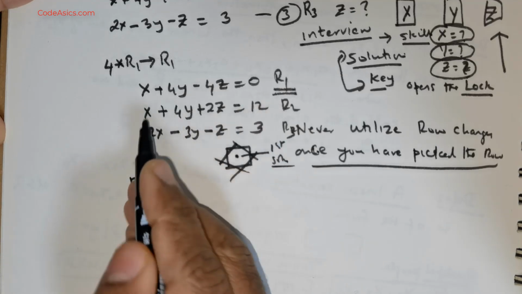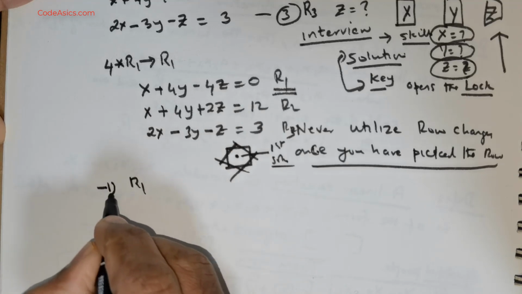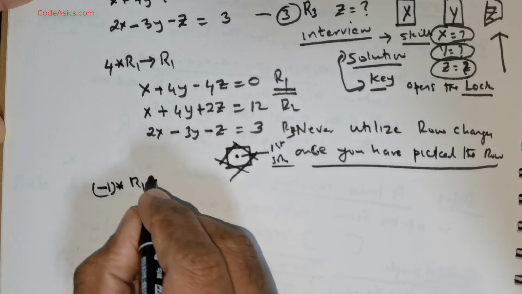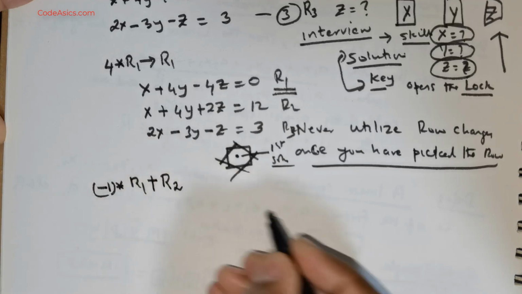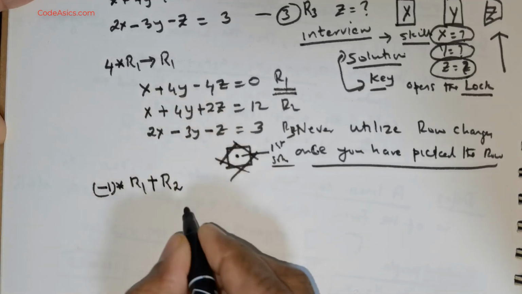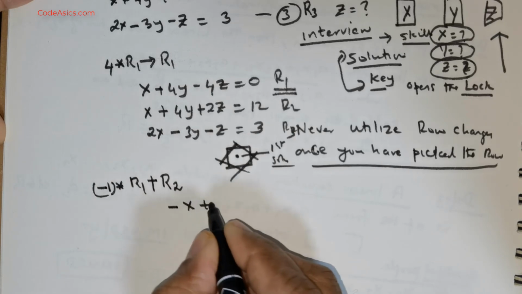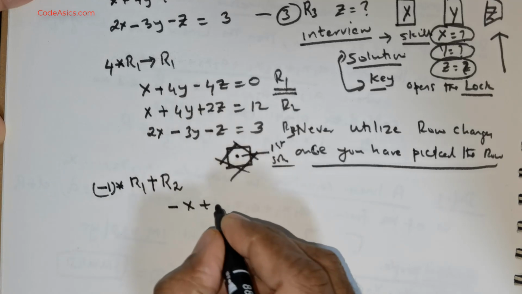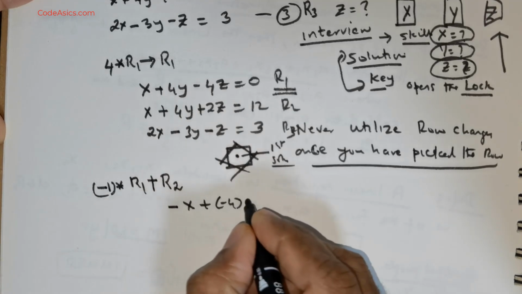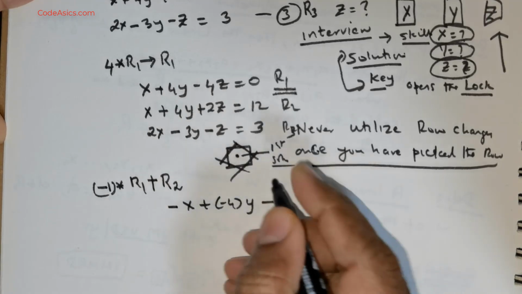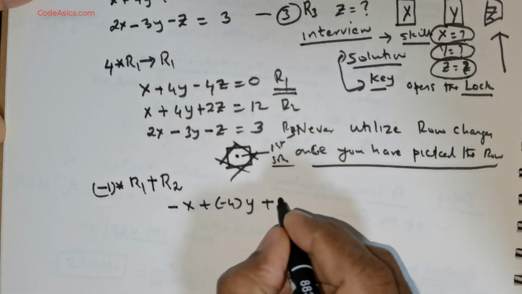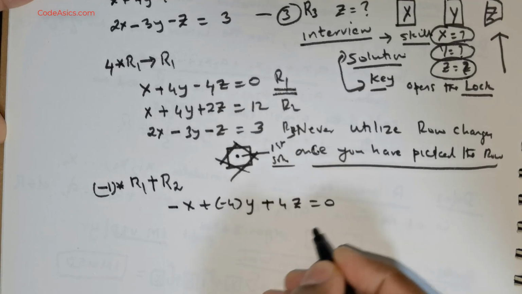So how do I do that? I multiply row 1 by negative 1 and then I add it with row 2. So when you multiply, you get negative x, negative 4 times y, and then negative 1 times 4 gives me positive 4 times z is equal to 0.